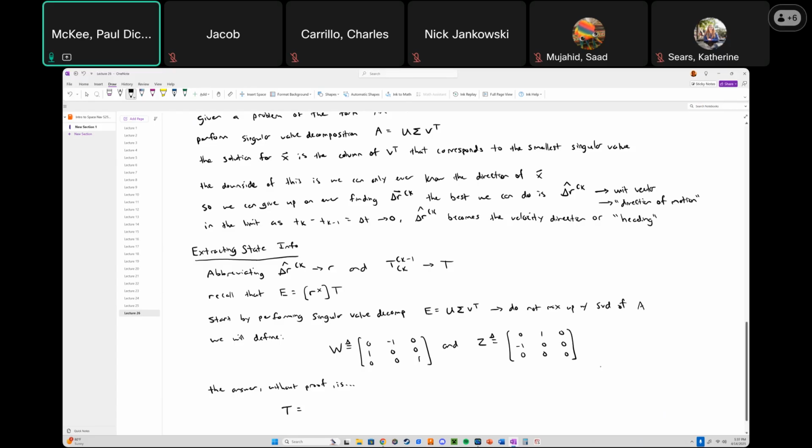T is either going to be UW V transpose, or T is going to be UW transpose V transpose. And then similarly, R cross is going to be plus or minus UZ V transpose. Okay. And then it's trivial to get R from R cross, right? We're just undoing the cross product matrix.